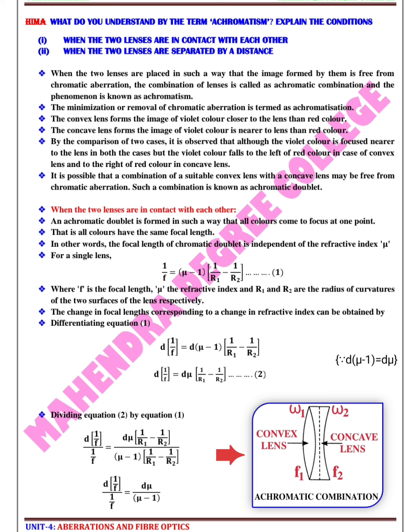Concave lenses diverge light rays and have negative focal length. This lens also introduces chromatic dispersion, but in the opposite direction compared to the convex lens.